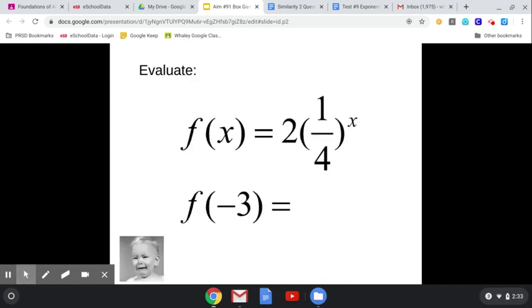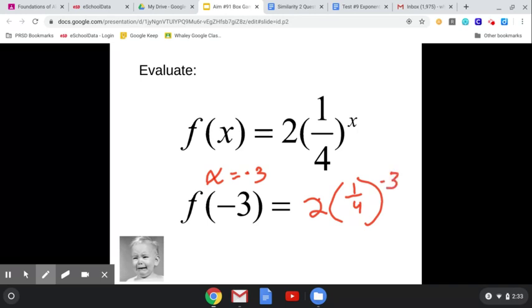Okay, question number 3 says evaluate f of x equals 2 times 1/4 to the x when x is negative 3. So that just means that x is equal to negative 3. That's all. So we're going to go 2 times 1/4 to the negative 3.